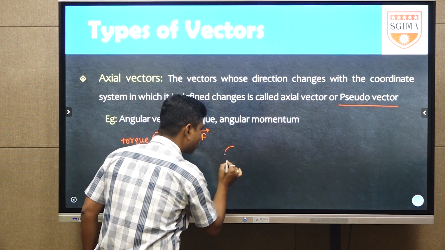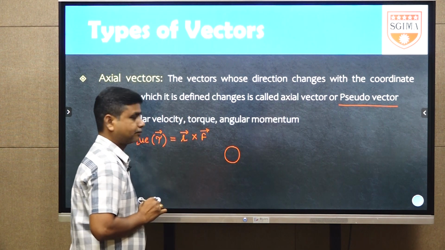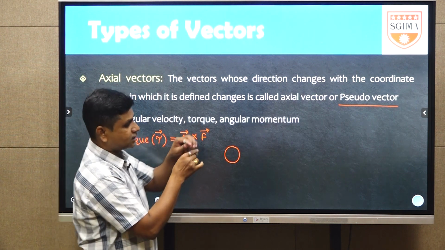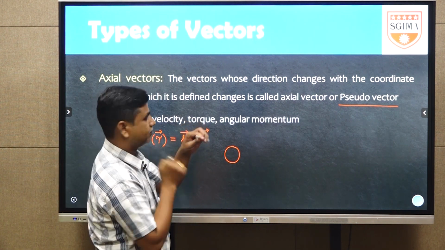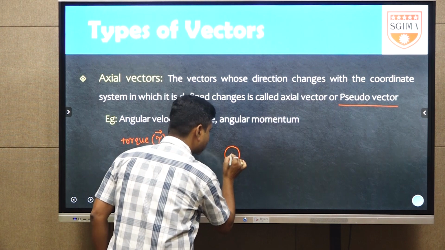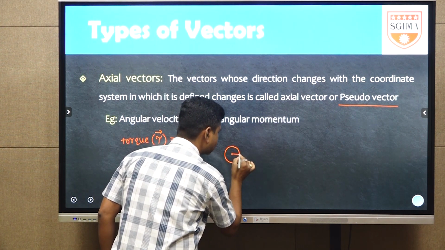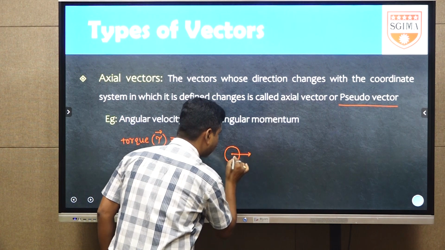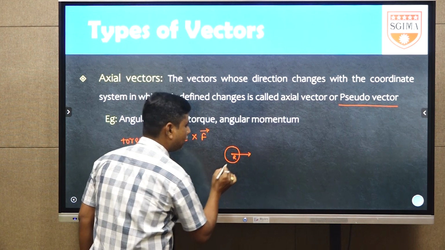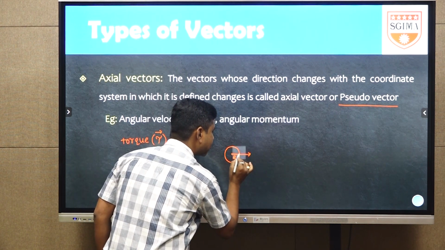Take the area of cross section of the pen cap. This is the center point, and this is the radius, acting radially outward. Actually the radius R is only up to here, but the force is given tangentially.